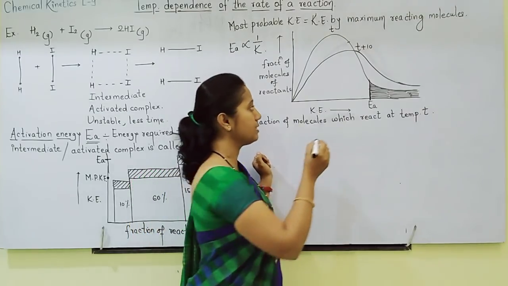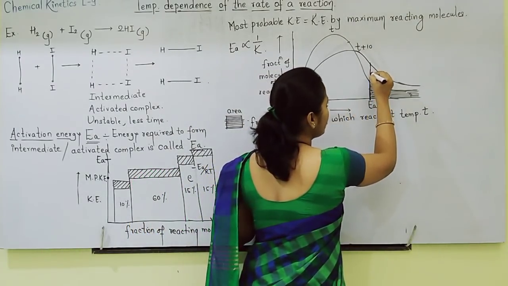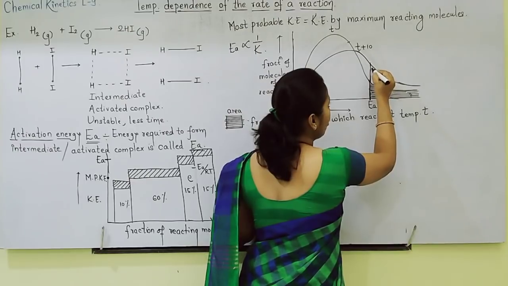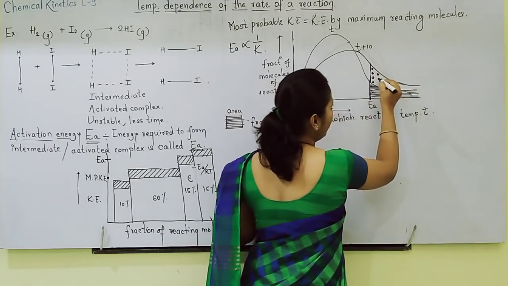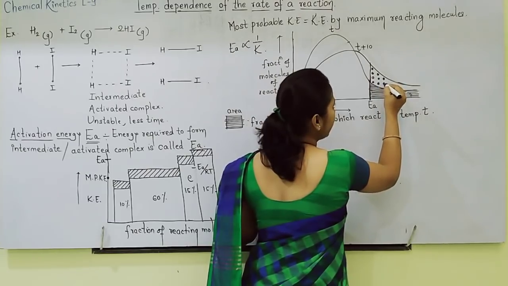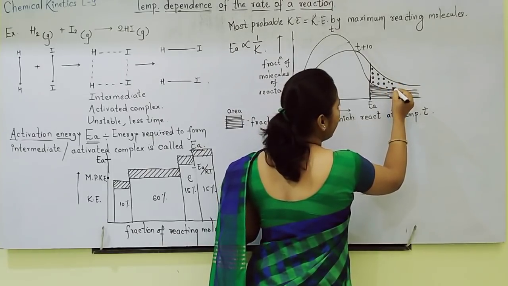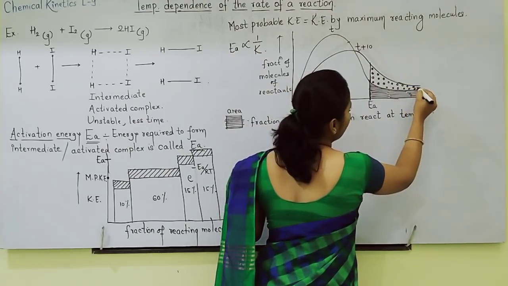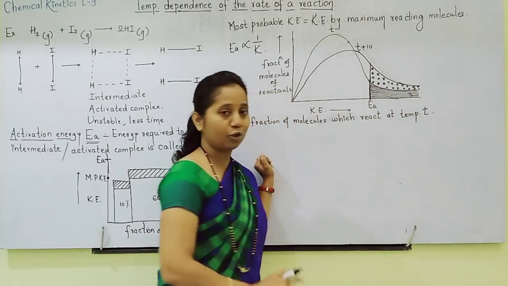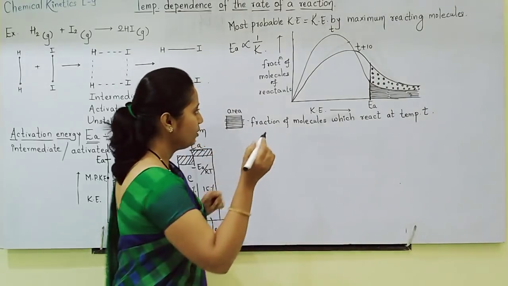Now how many molecules? See here, this is activation energy. So I am putting dots here, students. Now these are additional molecules whose kinetic energy has become greater than activation energy. So these are the additional molecules which are going to react.